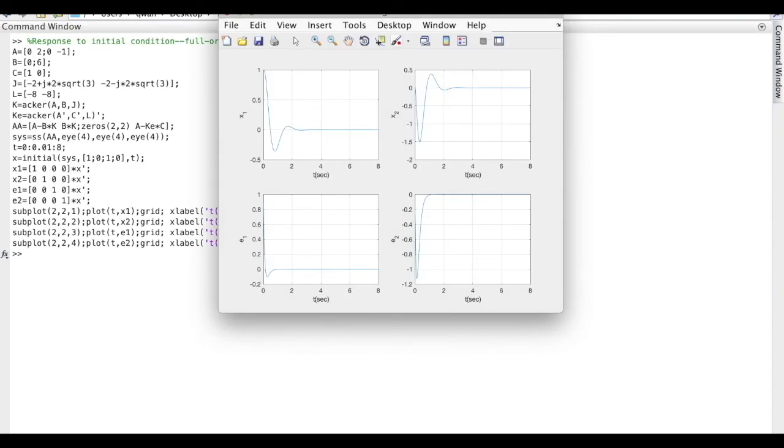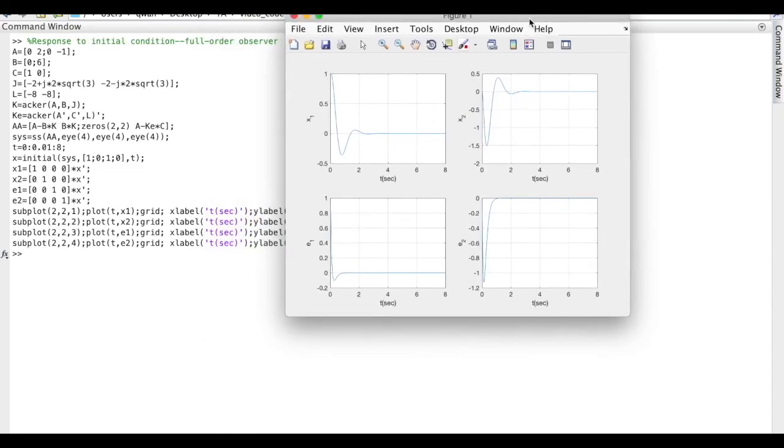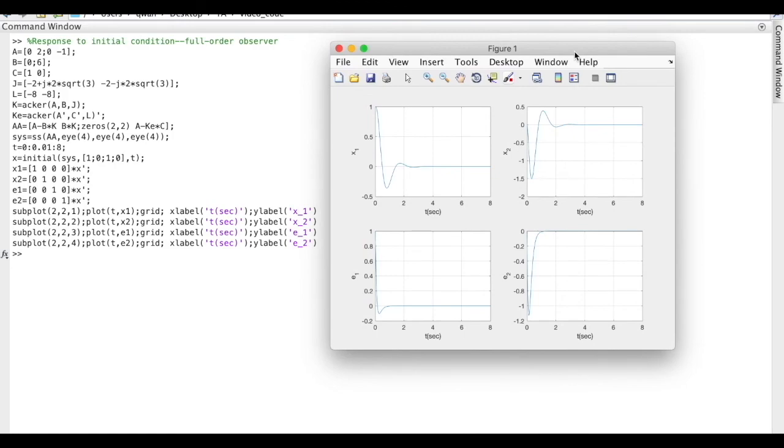Here we can see that the first and second states, in addition to the error dynamics, all of them will go to 0 after almost 2 or 3 seconds.